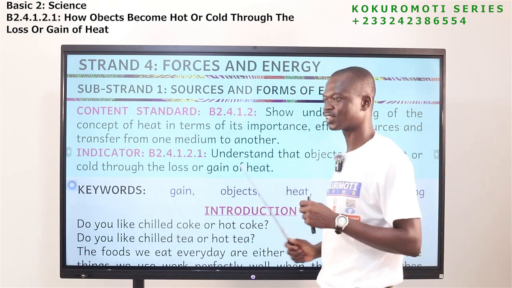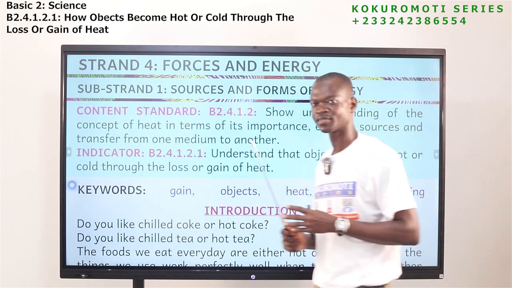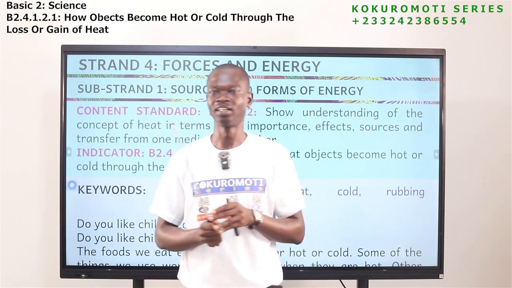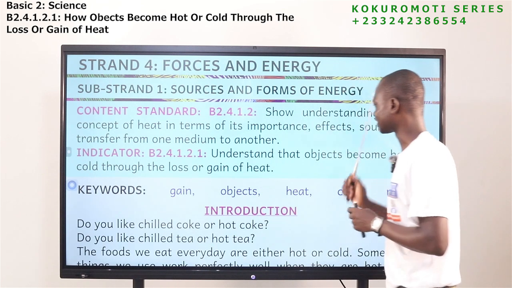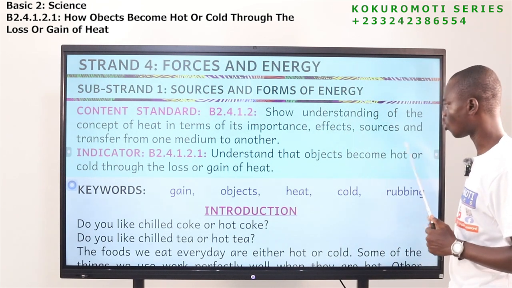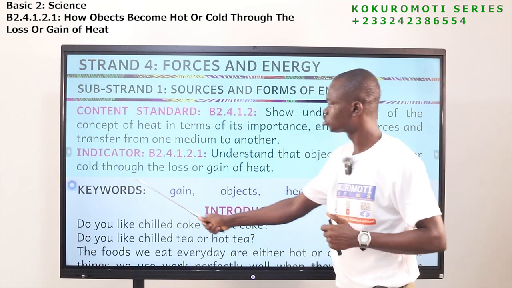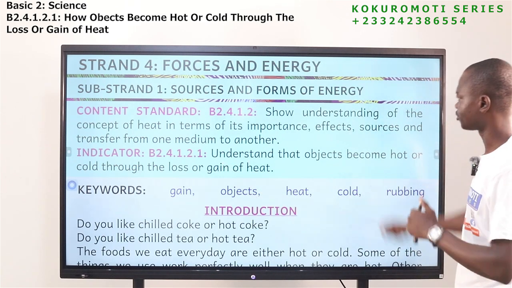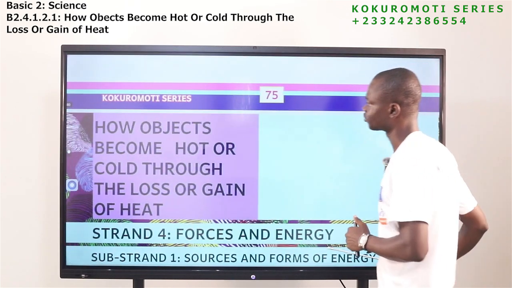So today's lesson is about objects. It's about hot objects. It's about cold objects. So we are going to understand that objects become hot or cold through the loss or gain of heat. What is the topic?